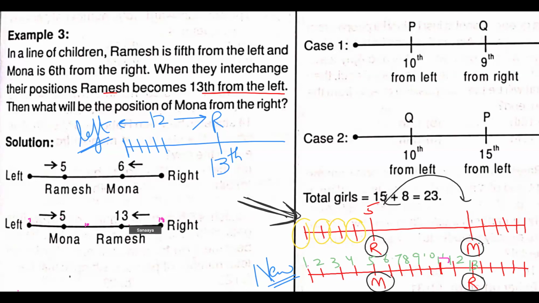So when we count 6 from the right, we'll draw 5 places. 1, 2, 3, 4, 5. 5 places we'll draw towards the right of Mona, because Mona is 6th from the right. So this is the 6th position from the right. So we have placed Ramesh 5th from the left and Mona 6th from the right. This much clear, Inaya?